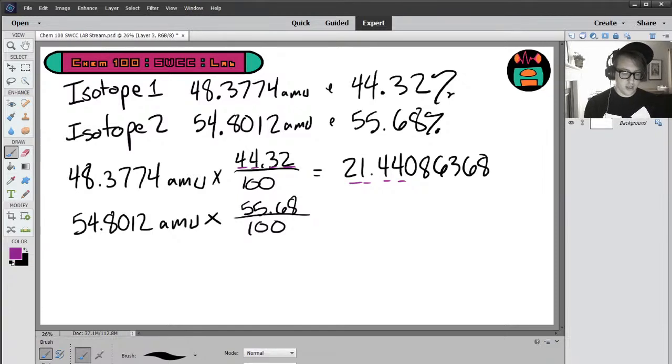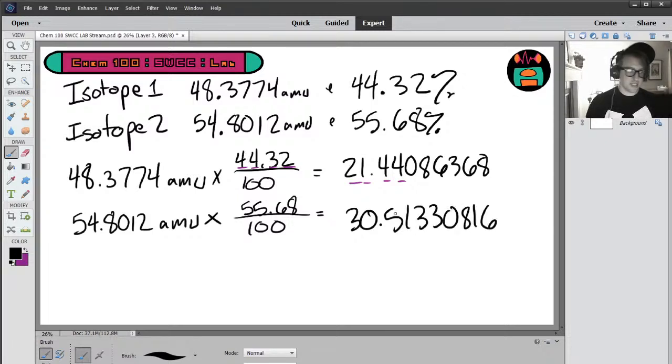54.8012 times 55.68 divided by 100. This comes out to be 30.51330816. And again, we have 4 sig figs in our percent abundance, limiting our answer to 4 significant figures.